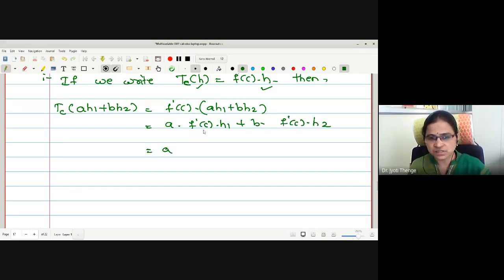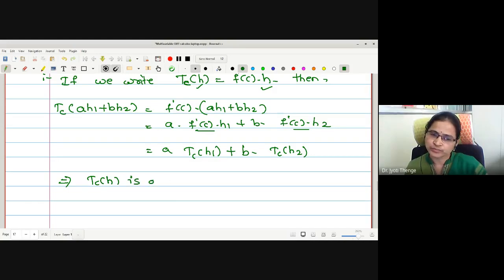Therefore, the first term gives me T_c at the point h1, b as it is, and the second term gives me T_c at the point h2. Therefore, here we can observe very easily that T_c(h) is a linear function.